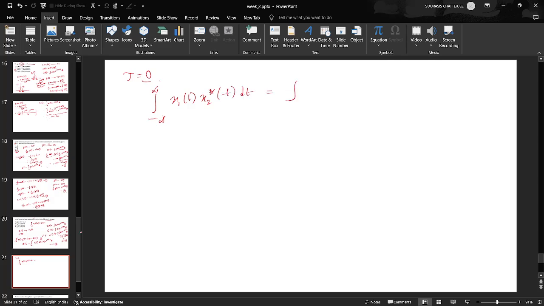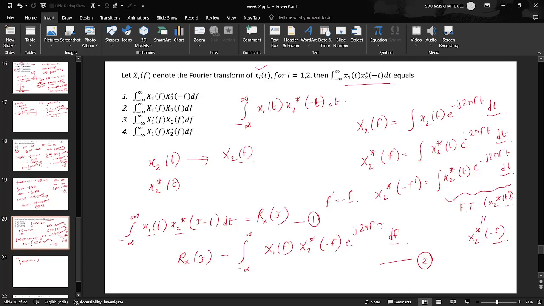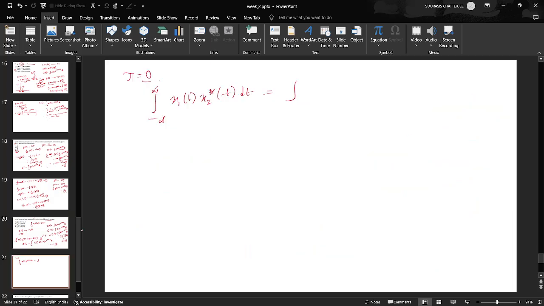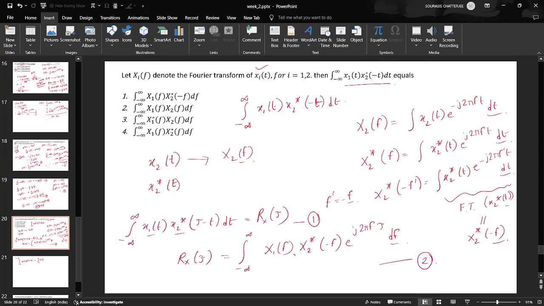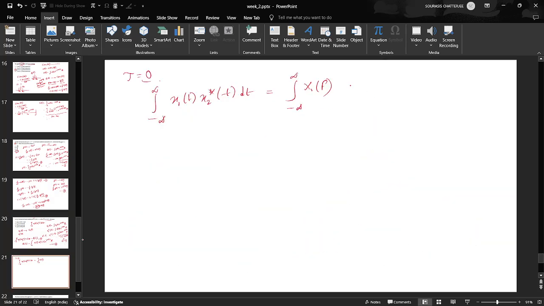On the right hand side, tau is 0, so you are left with the integral from minus infinity to infinity of X1(f), and the second term is very crucial, we have X2 star(minus f) df.